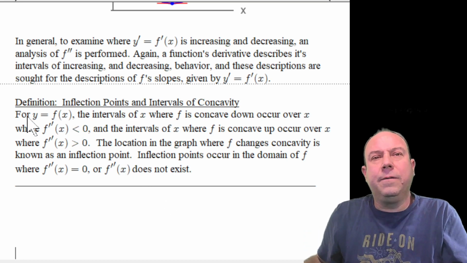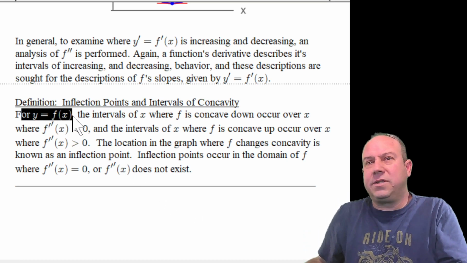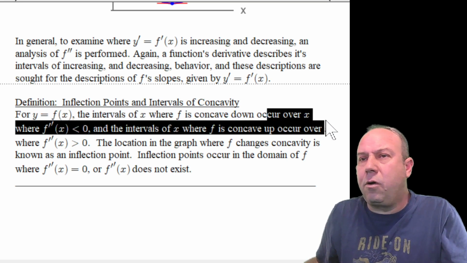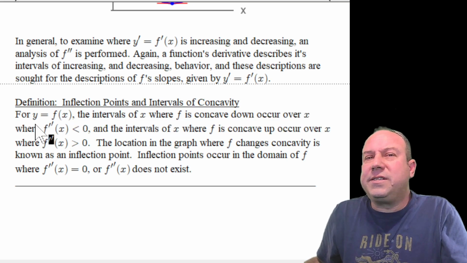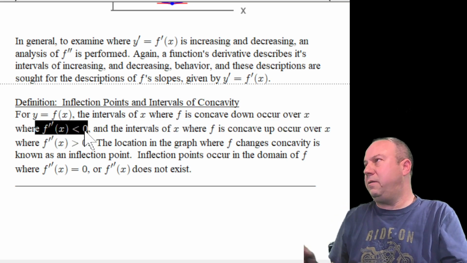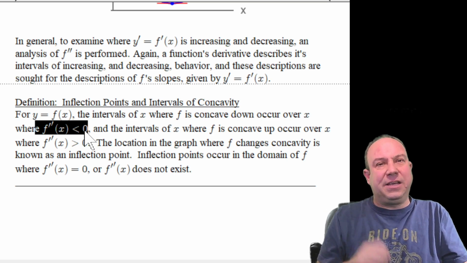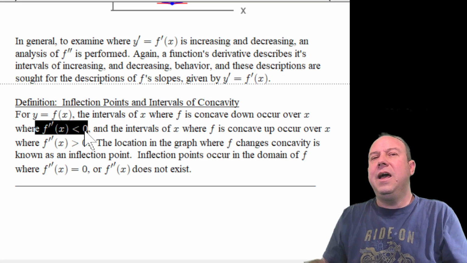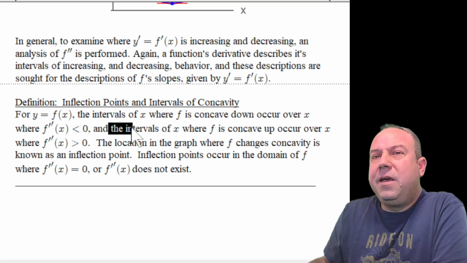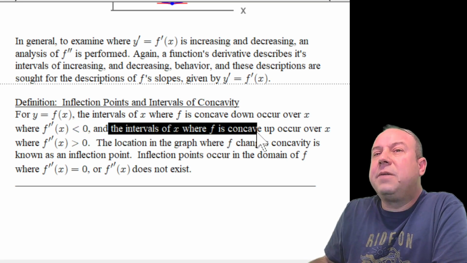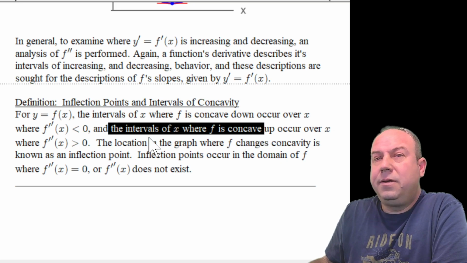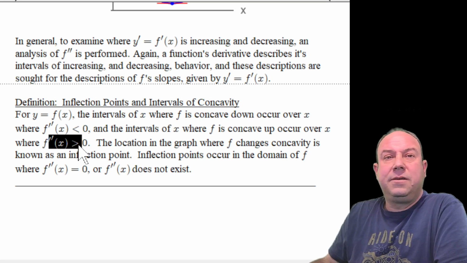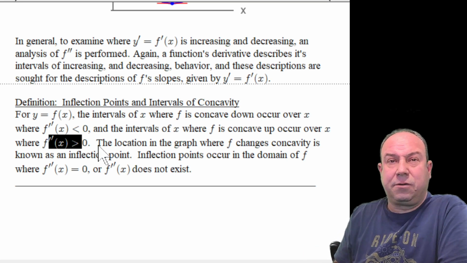What we say here is for the function y equals f of x, the intervals of x where f is concave down occur over values of x where the second derivative of our function, f double prime of x, is less than 0. Otherwise, the intervals where f can be found to be concave up occur over values of x where f double prime of x is going to be greater than 0.